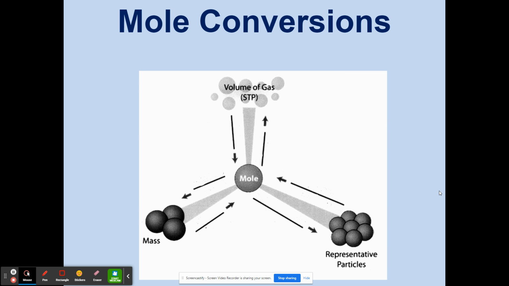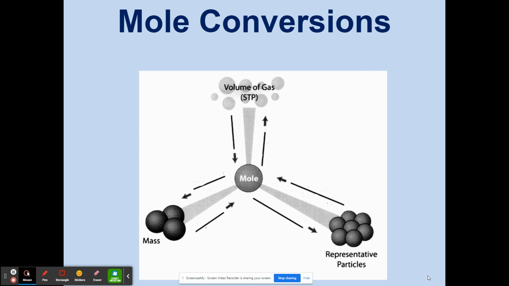So we're just going to write them on our diagram. And the mole is kind of the go-between, as I've said before, between any of these three things. So you can go from particles to moles, then from moles to volume, or you can go from moles to mass, mass to moles to volume. Any of these three things, the mole is the interchange of all of them.